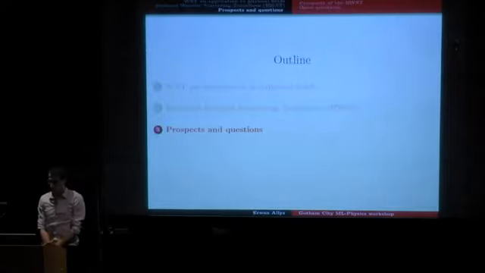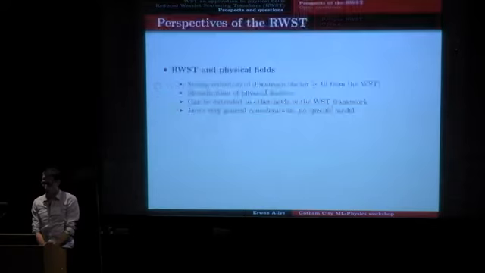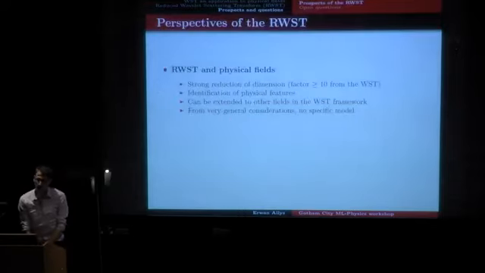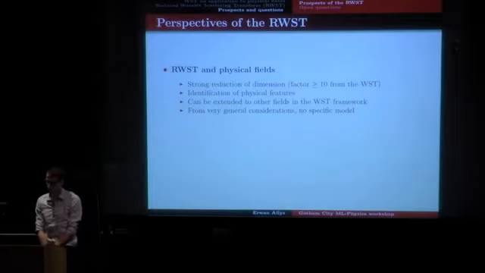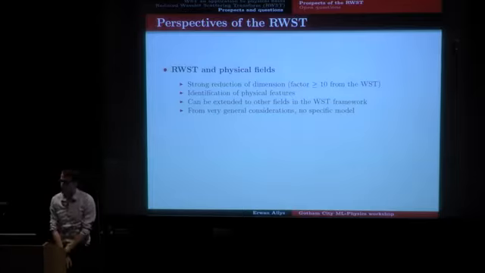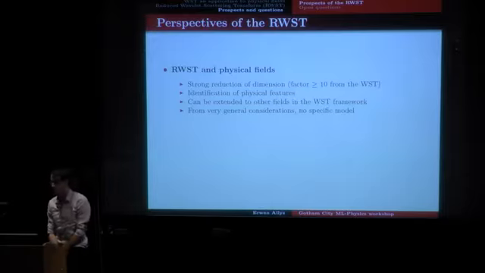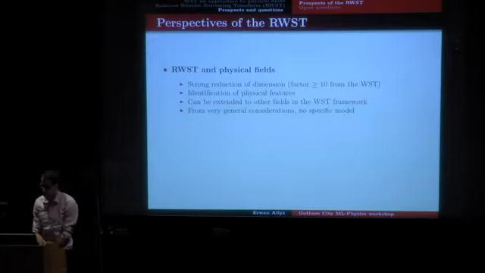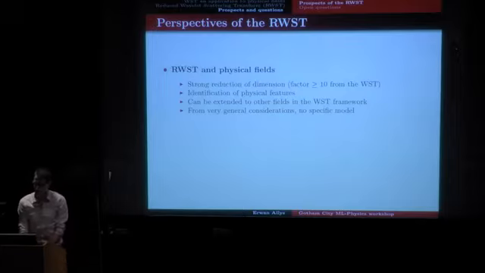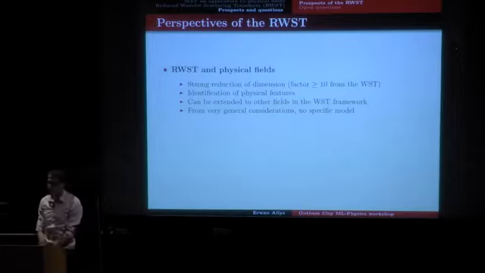So to conclude quickly, the prospects and open questions. We saw that we were able to make the reduced wavelet scattering transform and to apply it to physical fields. It has a strong reduction of dimension, a factor of more than 10 from the WST coefficients, which are already very numerous. We were able to identify physical features, and it can be extended to other fields in the WST framework.